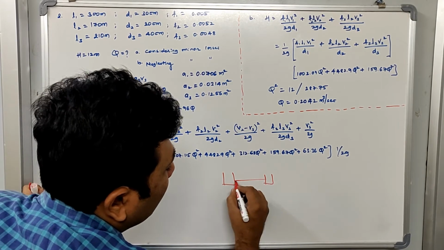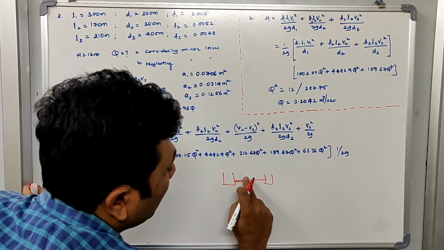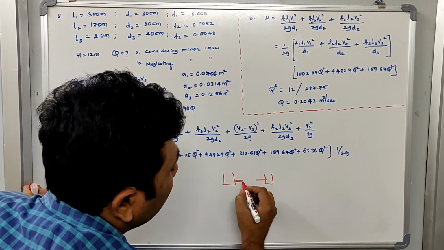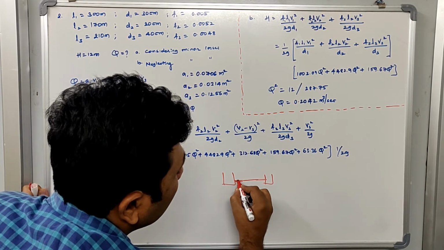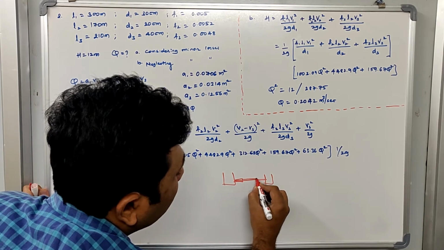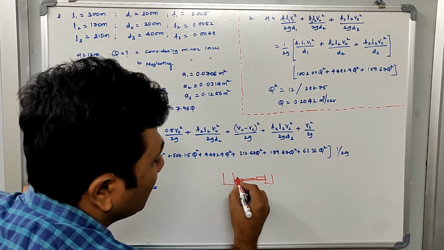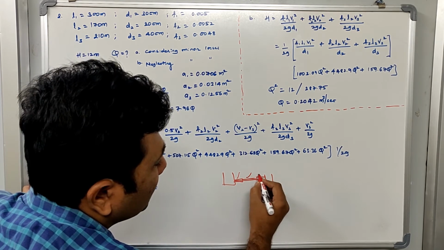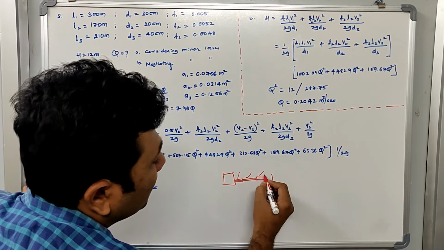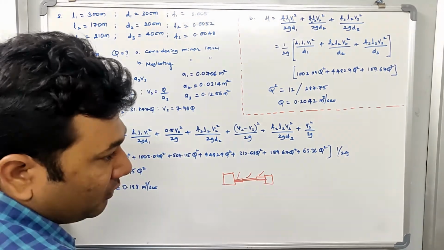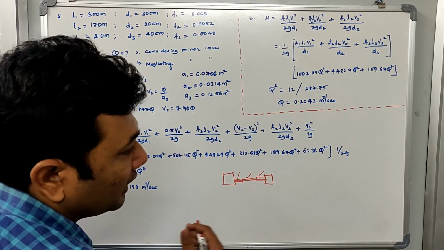These two tanks were connected by a single pipe. Now the only change in this case is that it is connected by three pipes. Assume it is connected by three pipes like this. All those pipes are in series. This is pipe 1, this is pipe 2 and this is pipe 3. The difference in water level is given to you. I told you in the previous video how we can solve the head loss.